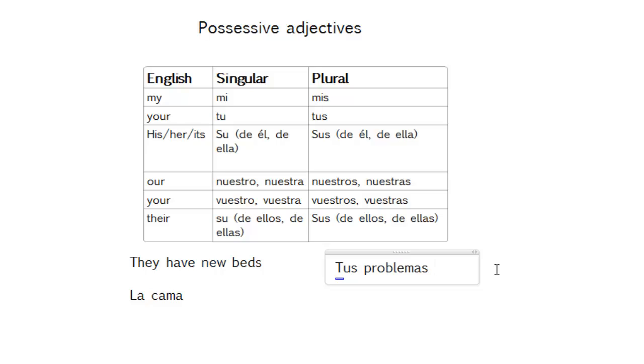So this is basically how it functions. It's not too bad, but you have to connect it to all the other things we've been doing about gender and the agreement, and you just have to learn them. So this is why I leave this chart up here. I know it's a bit boring because it's just learning this, but you're going to need it because you use these a lot, as we do in English.